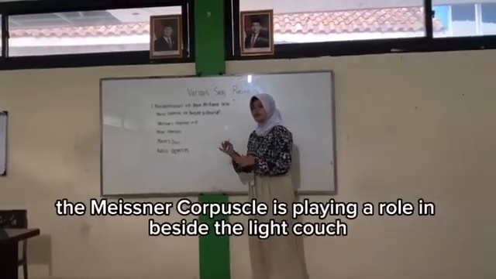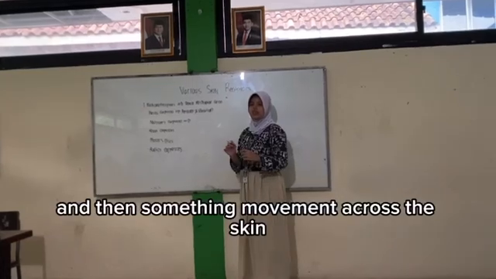The Meissner corpuscle plays a role in detecting light touch and movement across the skin.